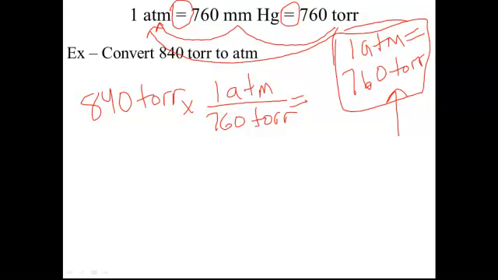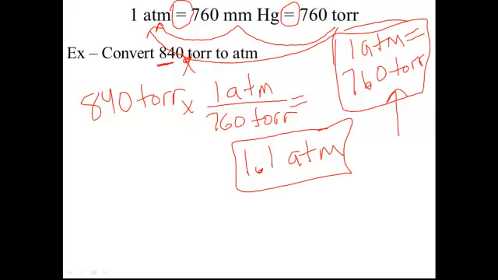I don't need to multiply by 1. I notice here I've only got 2 significant figures, since there's no decimal point at the end. So I'm going to report my answer as 1.1 atmosphere. That is a conversion to go from torr to atmospheres, and that's something you absolutely have to be able to do.